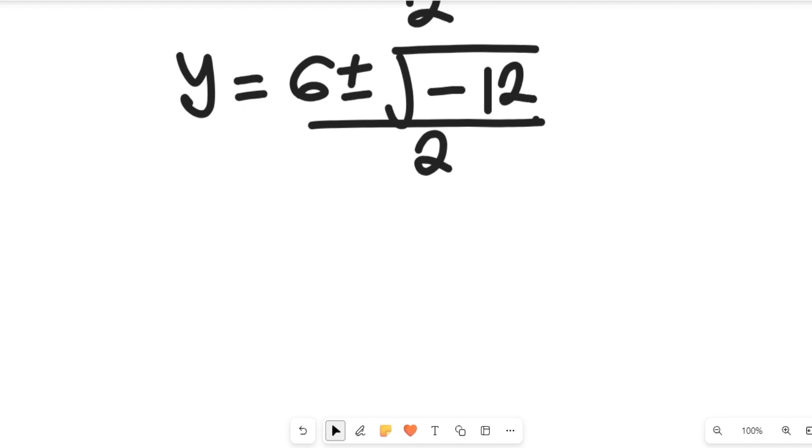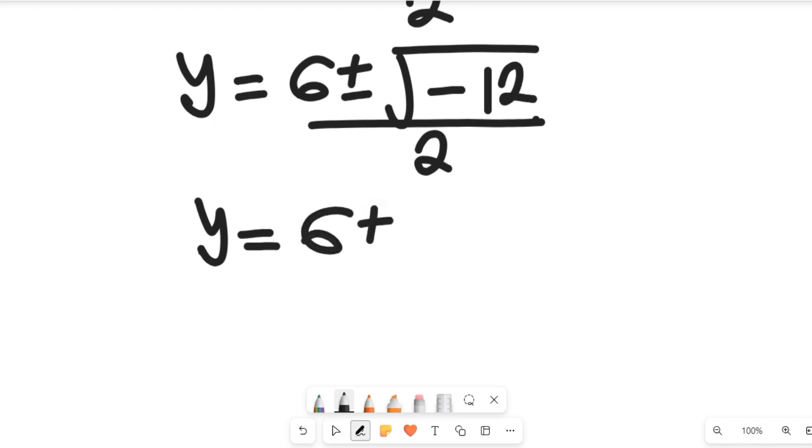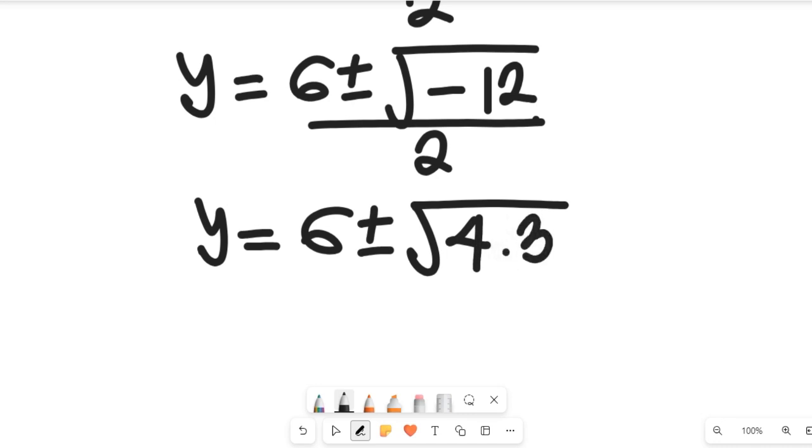From the value of our negative 12, you can see that negative 12 can be equal to the square root of 4 multiplied by 3, multiplied by negative 1.